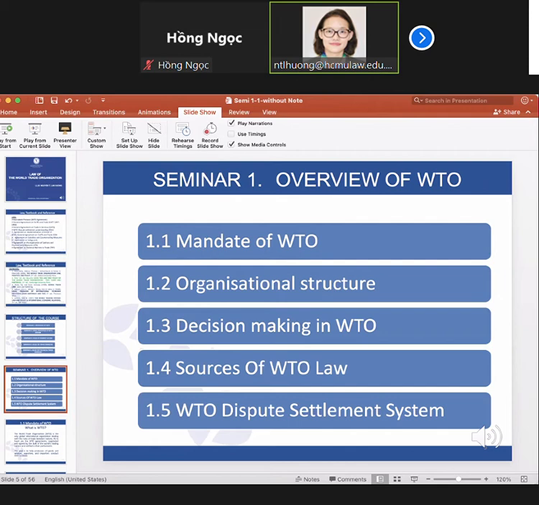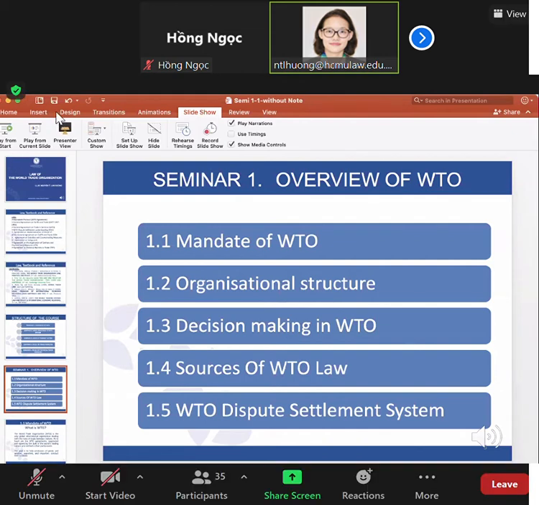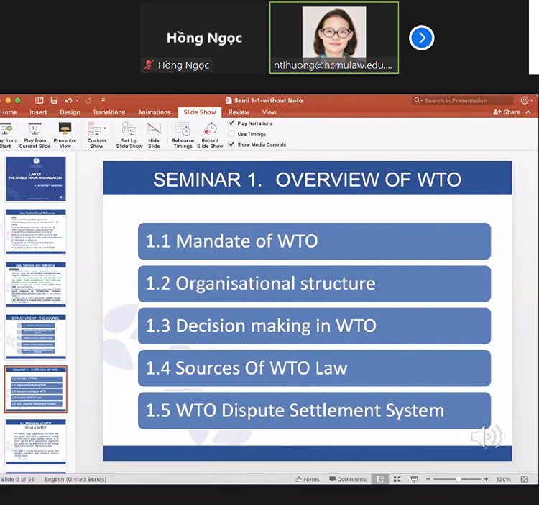And the third one, decision making: how a decision is approved, what rules the system follows, and how those rules work in the system, which needs to be mentioned here to fully understand how the WTO runs its system.